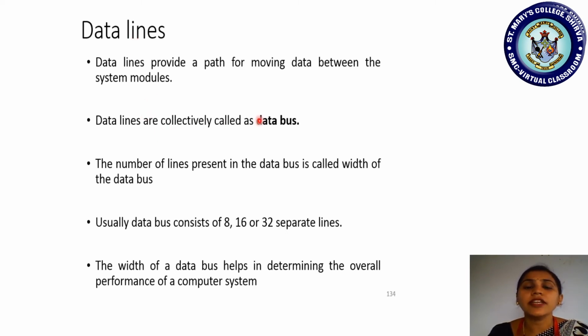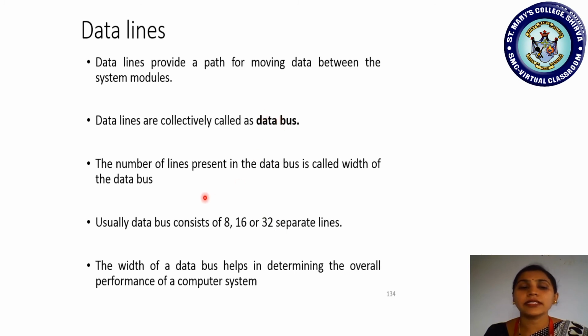They are collectively called the data bus. If your data bus consists of 8 bits or 8 lines, they are collectively called the data bus. Similarly, if you have 16 lines, they are collectively called the data bus. If your system is capable of transferring 32 bits of data at a time, then the 32 lines entirely form a data bus.